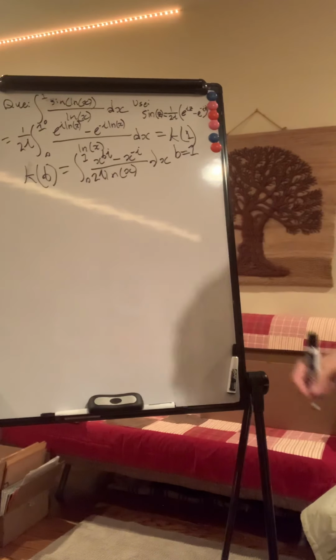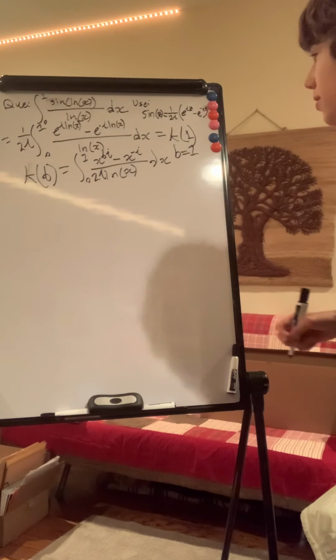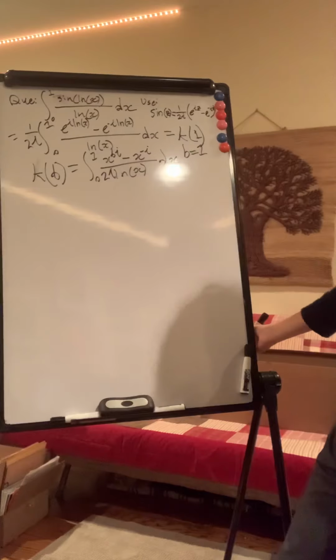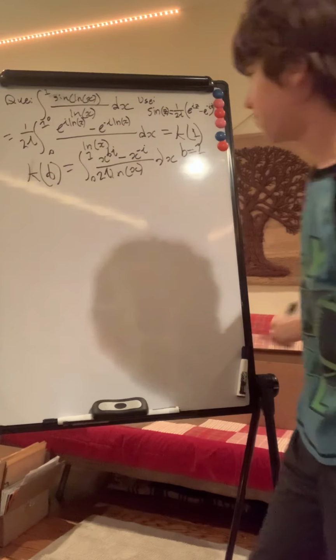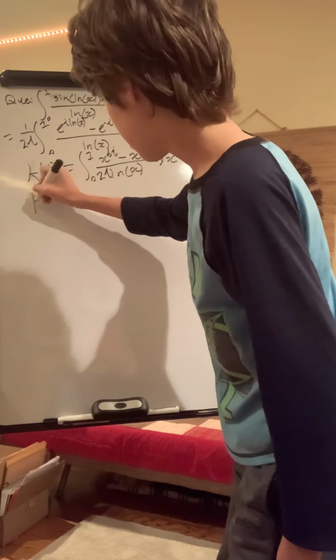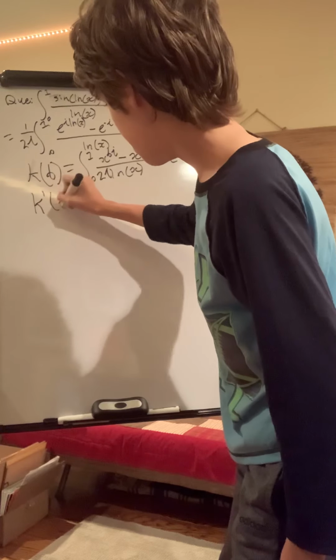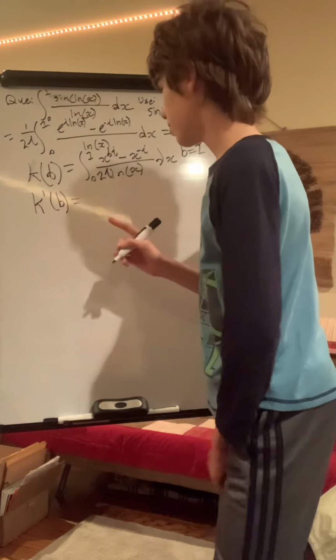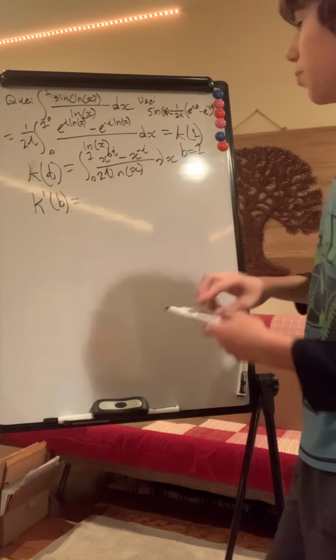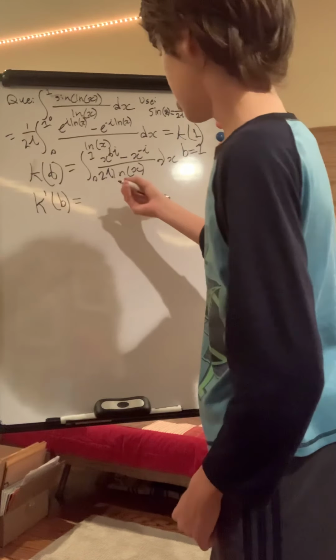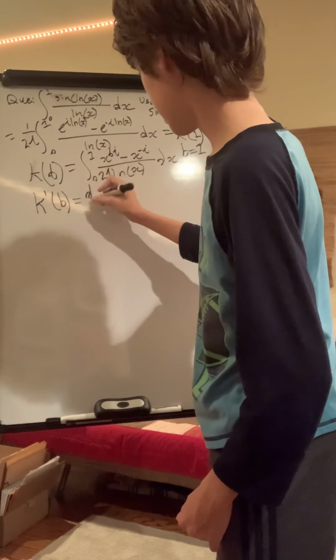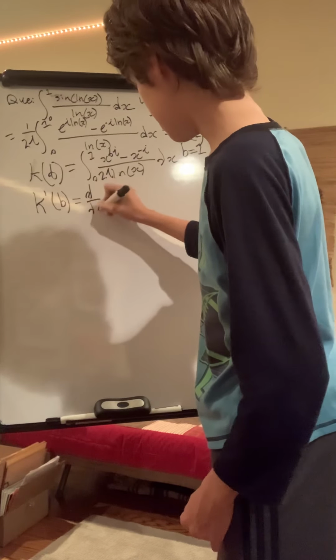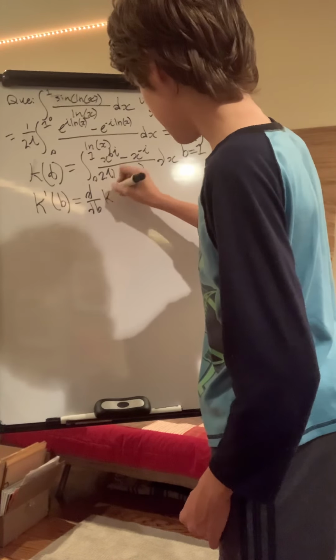Okay, so let's take the derivative on both sides and see what happens. So we have k prime of b, nothing but, on both sides we're differentiating with respect to b, so this is just d db of k of b.